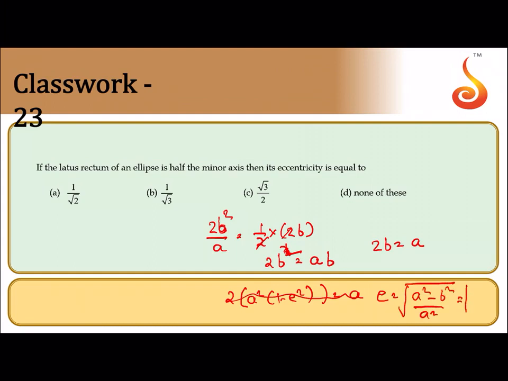So what is the eccentricity formula? Under root of A square minus B square by A square. If you substitute the value, what is A square? We get 4b square minus b square by 4b square. So from this we get eccentricity is equal to root 3 by 2.